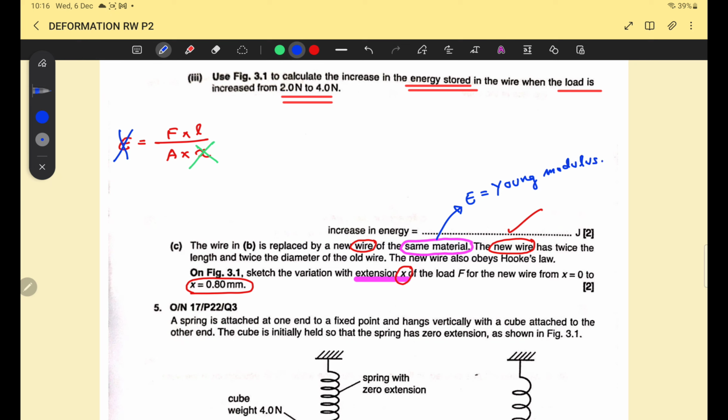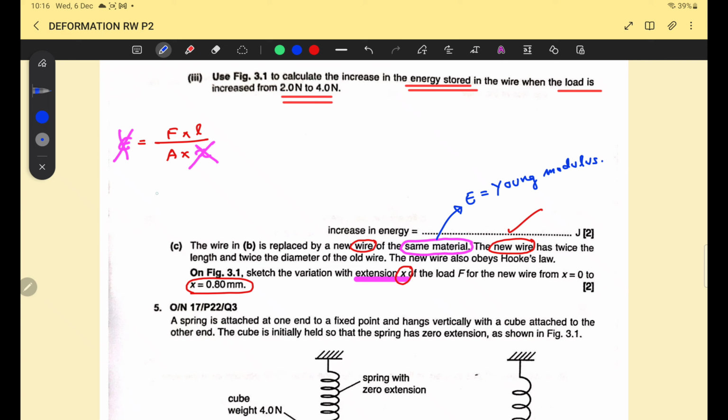If the material of the wire remains the same, it means Young modulus will remain the same. So I have cut two physical quantities as the same: Young modulus due to the same material, and extension is the same.